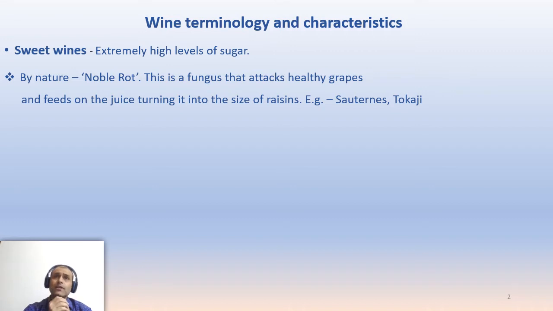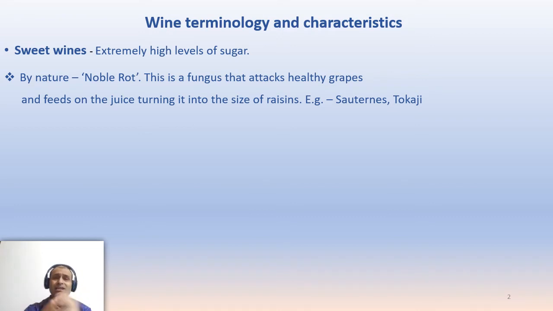But what is important to know is that just like any other fungus, noble rot only grows in certain conditions, only attacks certain berries, and doesn't attack the entire bunch. It has to be humid, it has to be a little wet as well.